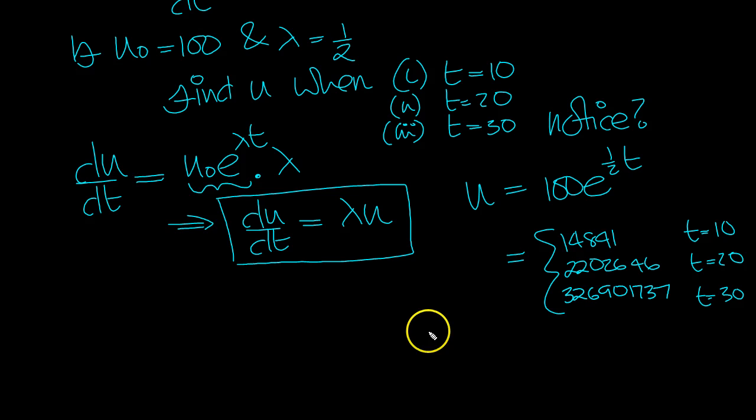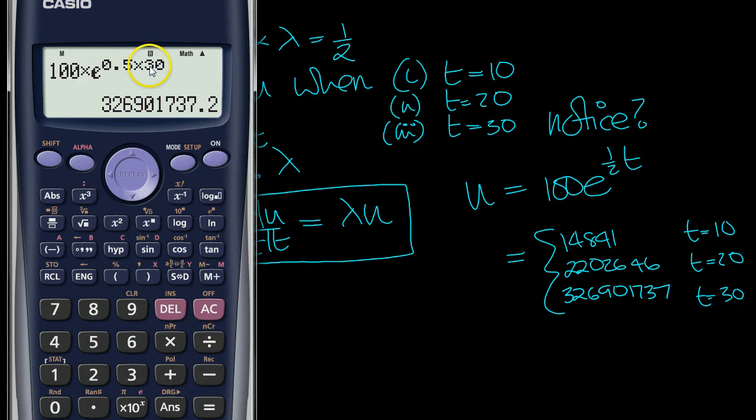Okay, good. Now you'll notice when we did that calculation that we just changed the 10 to 20 and the 20 to 30. So it's as though it's just adding on another e to the 5, multiplying this number by e to the 5. So that number times by e to the, well, it was increased by 10, and 10 halves is 5. So I reckon that times e to the 5.